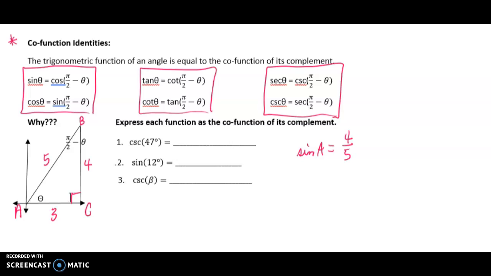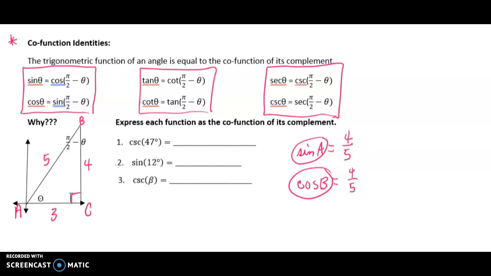Now let's look at the cosine of angle B, which is angle A's complement. Cosine is the adjacent leg over the hypotenuse, so the cosine of angle B is 4/5. Notice that the sine of angle A is equal to the cosine of angle B.